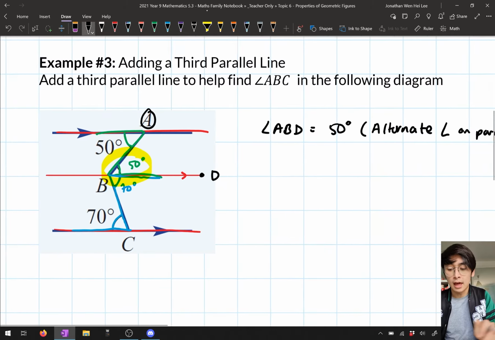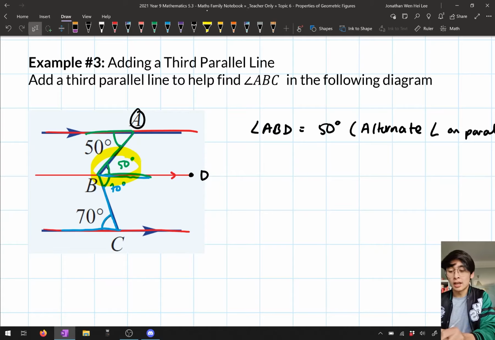That comes from the fact that when I created that third parallel line, it formed this Z-shaped alternate angle. And so that tells me that this little angle that I've highlighted in yellow is going to be 50 degrees. But not only that, we've actually got another set of alternate angles.